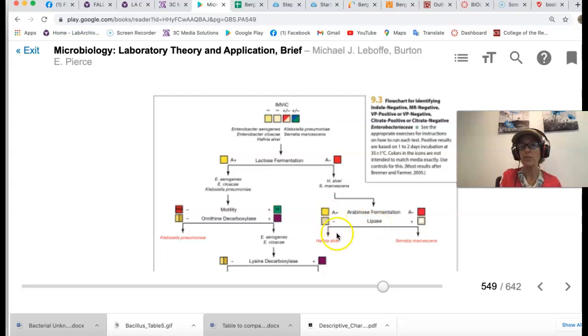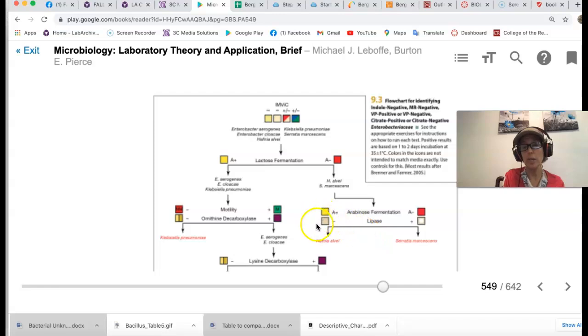And if you had a negative result, it'd be Hafnia alvei, and a positive is Serratia marcescens. Keep in mind that wherever you end up on this flowchart has to be an organism that is in that list of 12 possibilities. Hafnia alvei is not on that list. So that would tell you that you probably have Serratia marcescens.